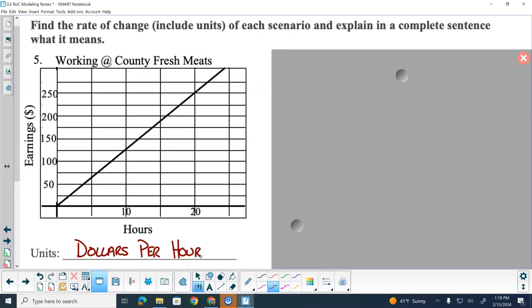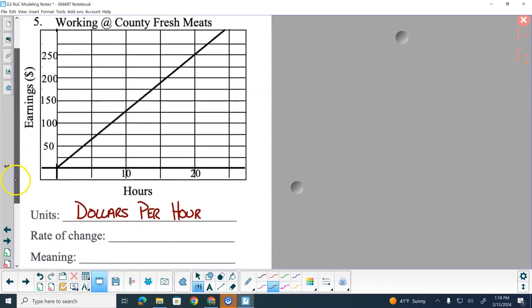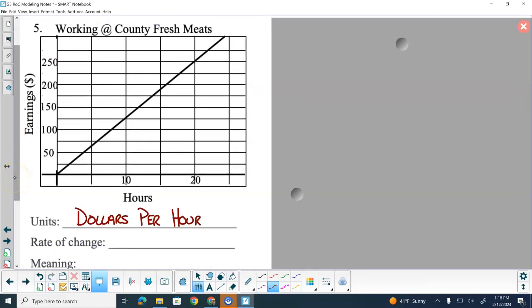Then we need to actually find the rate of change. Right? Okay? So we need 2 points that line goes through. Give me one of them. It's the same graph as on your paper, so you don't have to strain your eyes. 250 and 20 is not on my graph because 250 would be way over 20 comma 250.